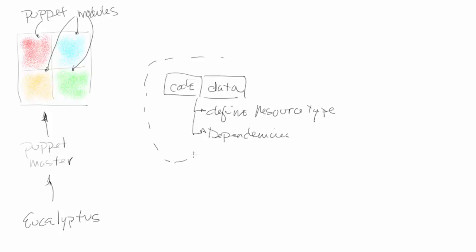So all of these things are included in the Puppet module. All of this information, these data points, all critical information for the deployment of a system. So we've got this data as well. All right. So just keep that in the back of your head here. This is a Puppet module. These are Puppet modules.